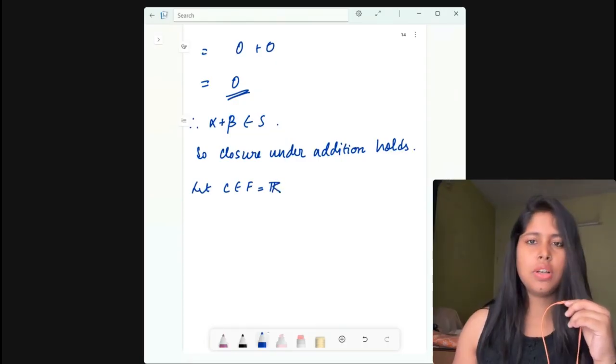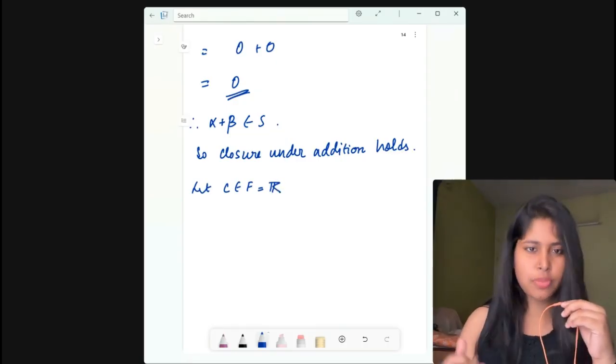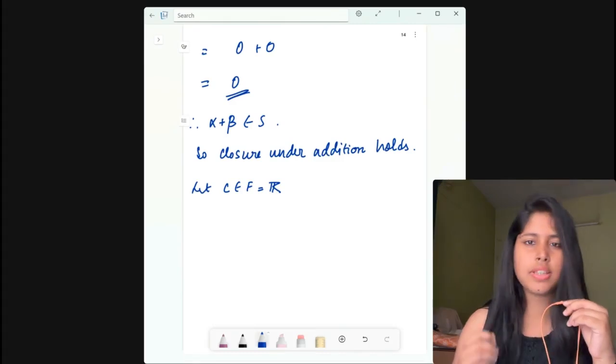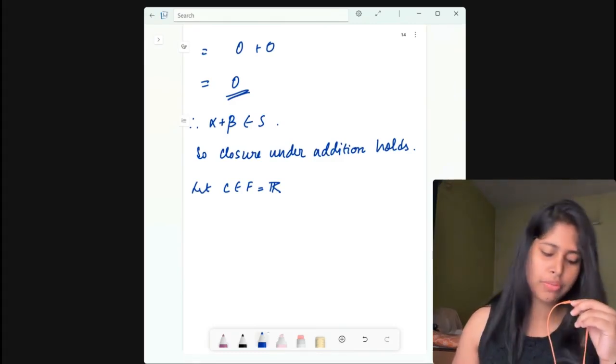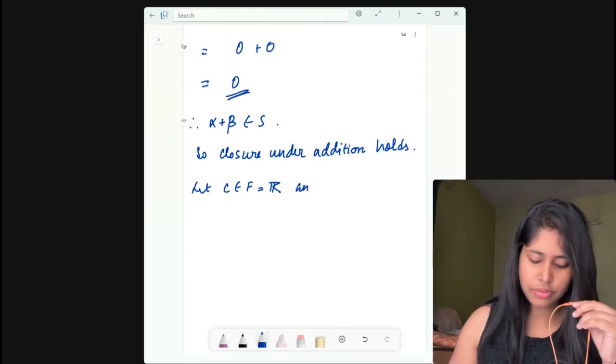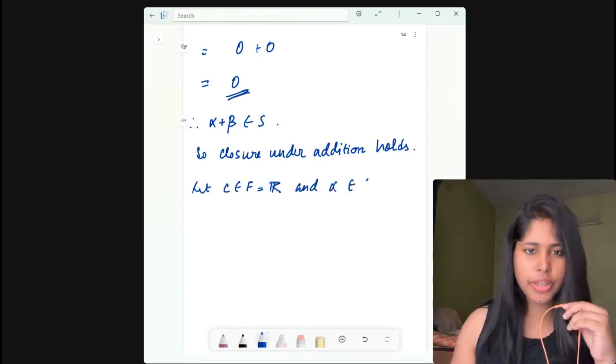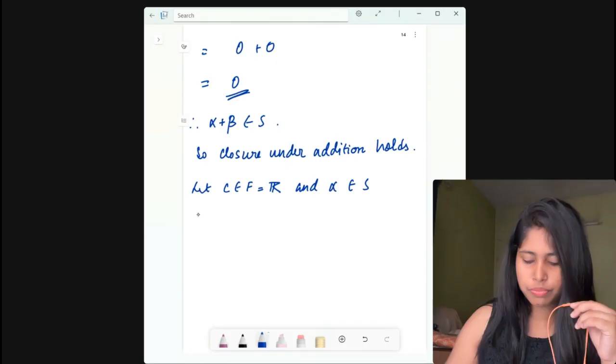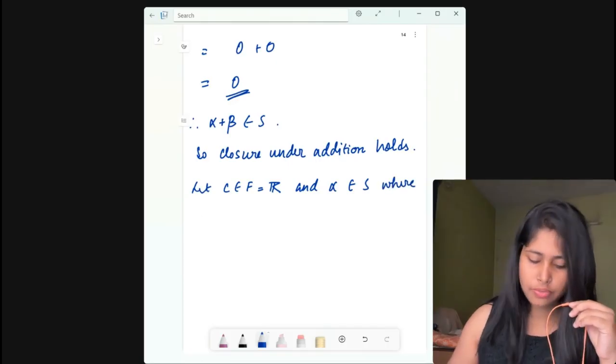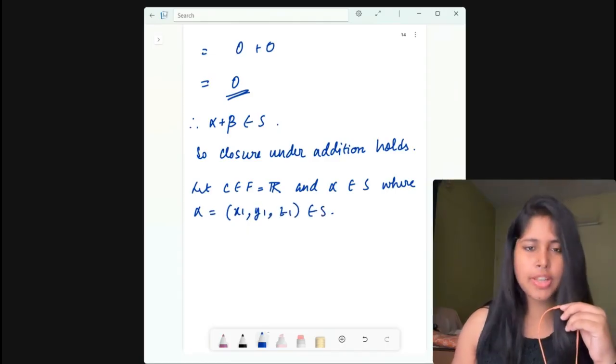See, the scalar is always taken from the field, right? So that is why I have written c belongs to F. And alpha belongs to S, where alpha is equal to (x1, y1, z1), which belongs to S, as I have already said.